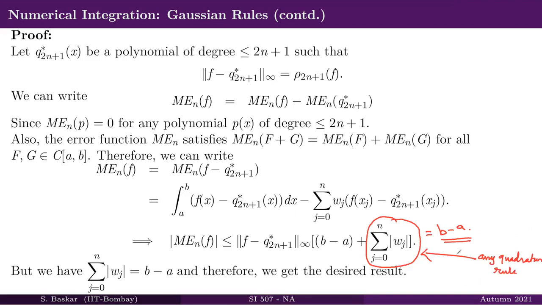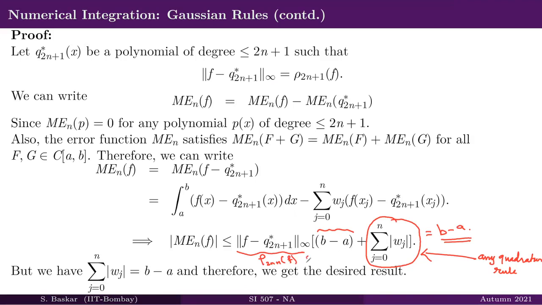It is not very difficult to prove this. So once you use this, you have already b minus a, and this is nothing but b minus a. Therefore, you have 2 times (b minus a) into this, and this is your rho 2n plus 1 of f, right?